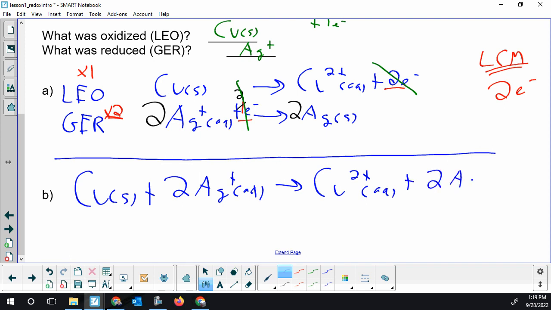You should not have to rebalance anything. You should get back to the same stoichiometric coefficients that you started with, or potentially sometimes a common multiple scaled down. Okay. The spectator ion nitrate is gone.